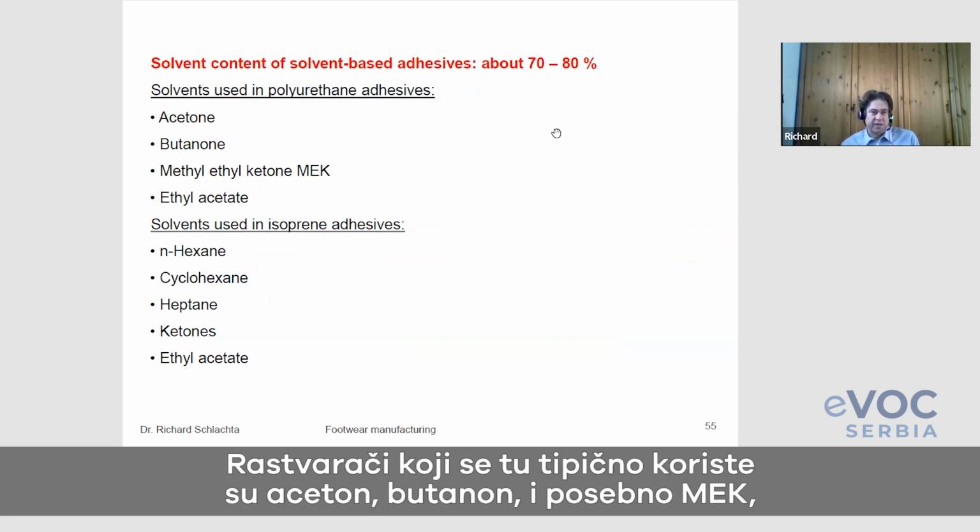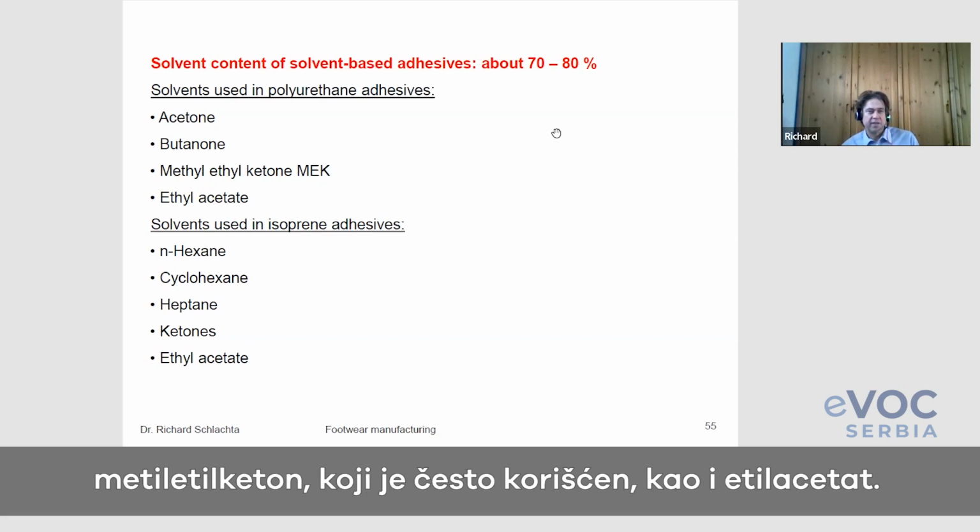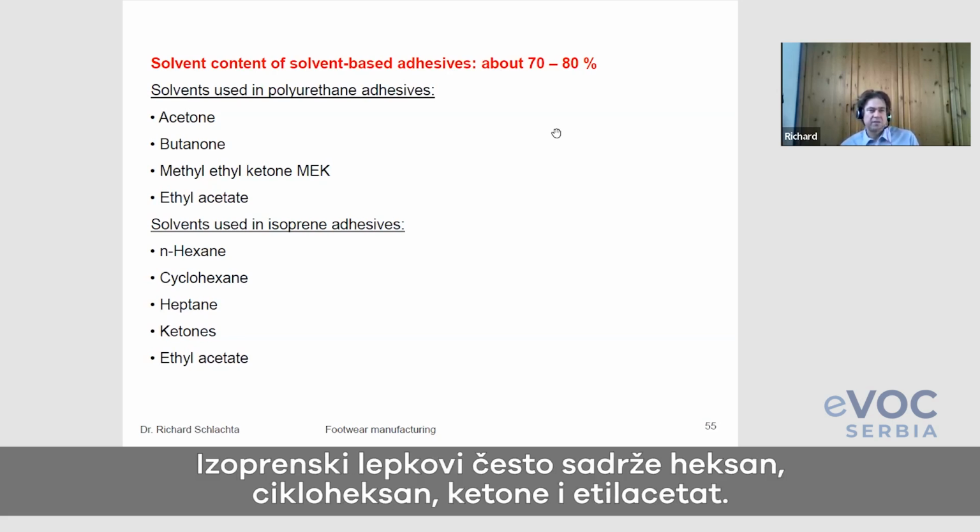Typical materials in polyurethane adhesives are acetone, butanone, and especially MEK, that means methyl ethyl ketone. That's very prominent, and ethyl acetates are also very prominent. In isoprene adhesives, you have hexane, and very often in high quantity cyclohexane, and ketones and ethyl acetate.